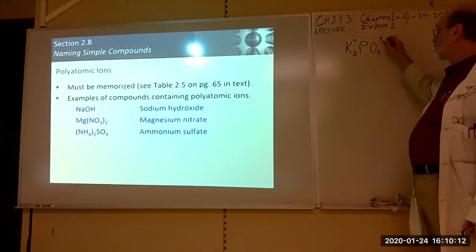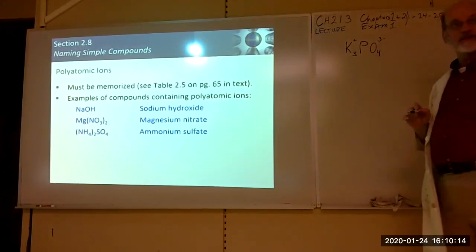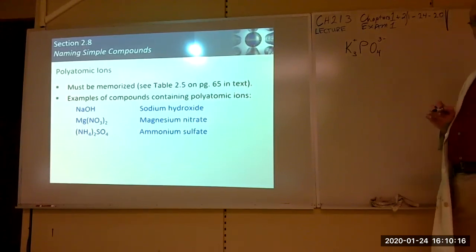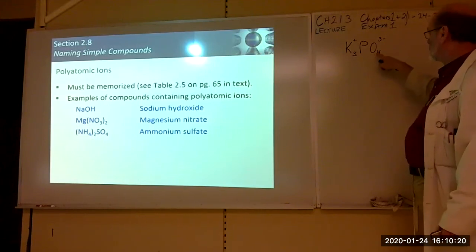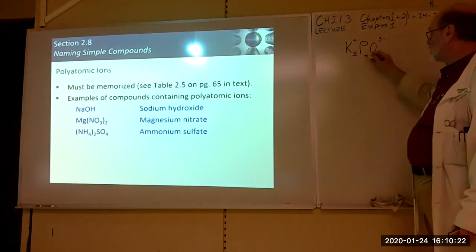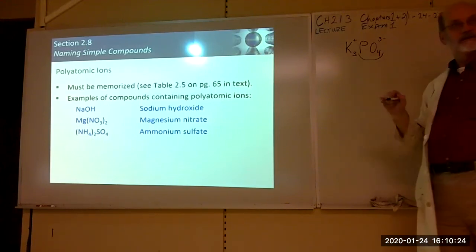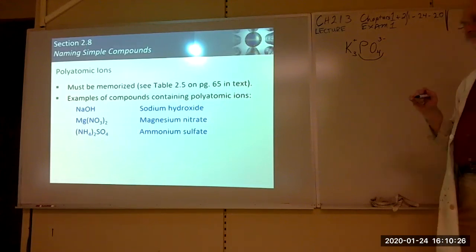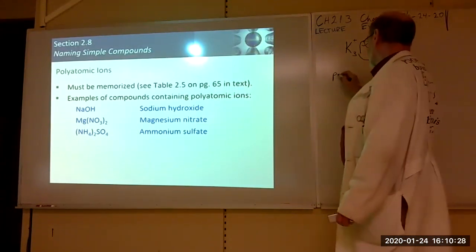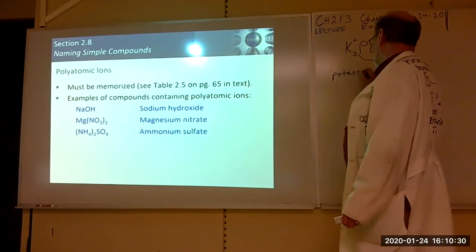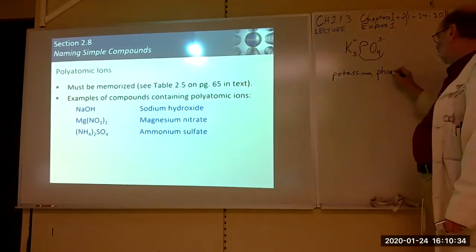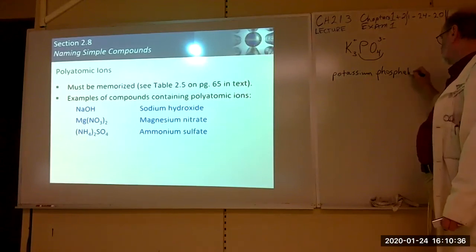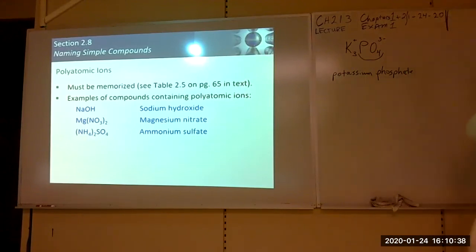And you'll see from your chart, it has a 3- charge. And that balances 3+ with 1 3- because this behaves as a unit. Okay? So we would say simply potassium phosphate. That's it. Type 1 compound.